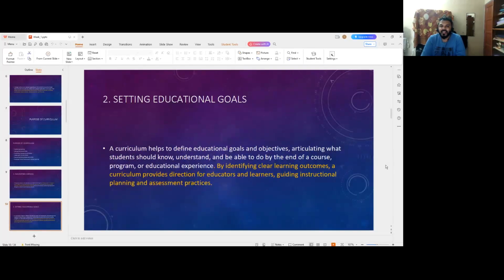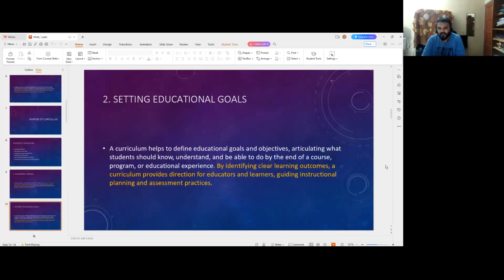Educational goals. Each curriculum design will help to have specific goals, aims, or objectives: what students should know and understand, and if they attend this particular course or subject, what they will learn at the end of it.